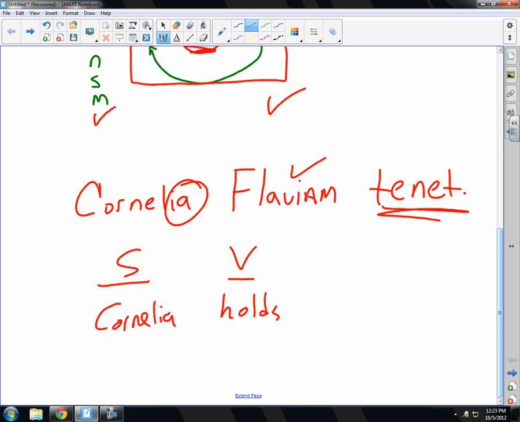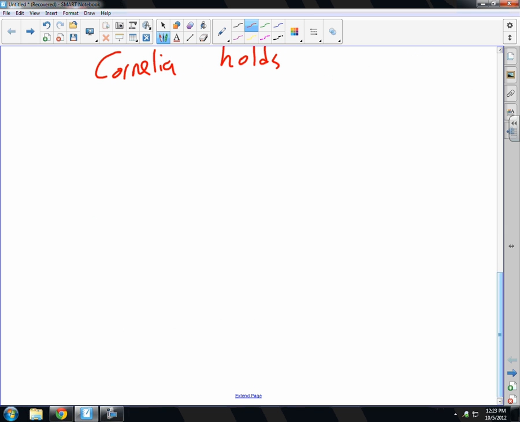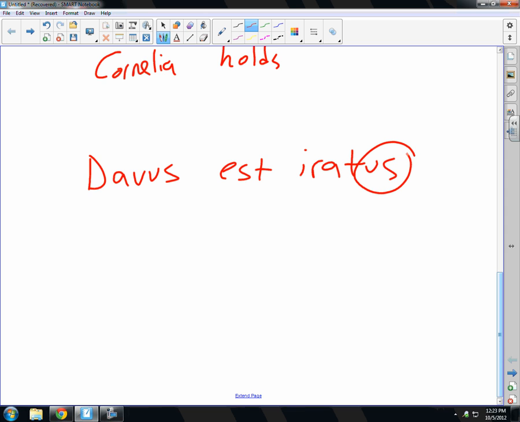I also know that if I get a linking verb, if I say Davus est iratus, I have two nominative endings here, the US and the US. One is the subject of the comparison. The other is the complement or the description of the subject.